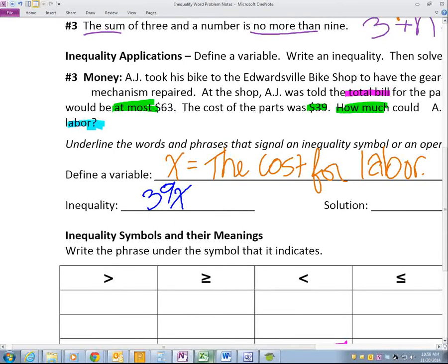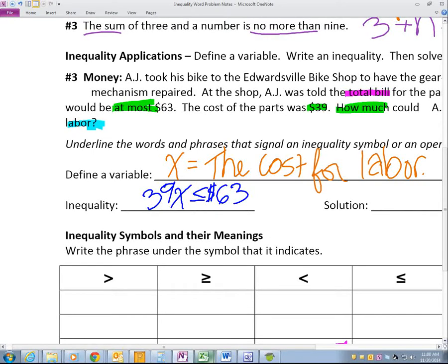Less than or equal to what? Whoa, 6x. 63. 39x is 63. So that would be saying that for every dollar that labor costs, that would mean that the parts increase for every labor hour.